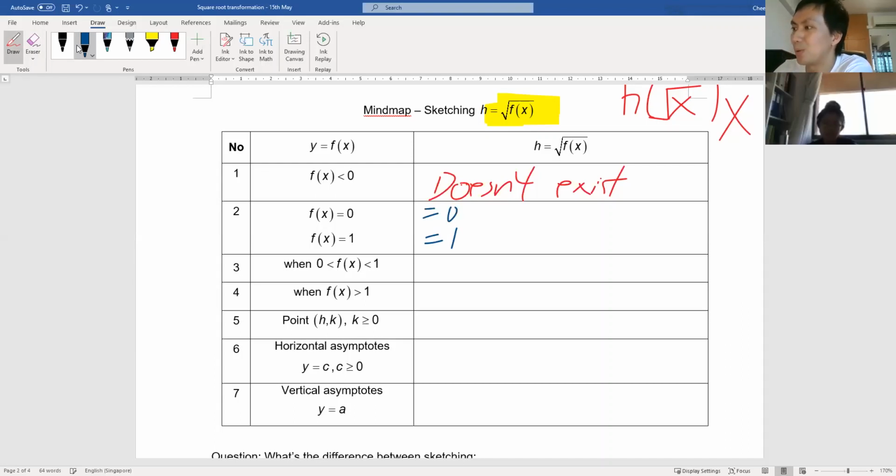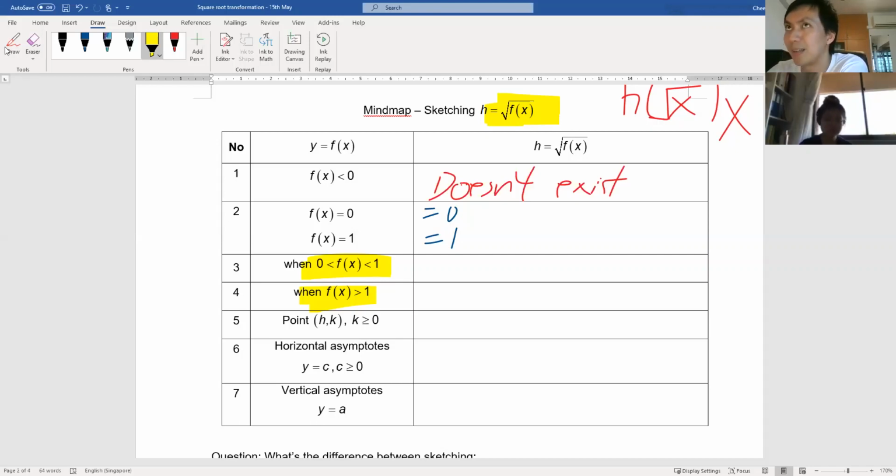What if f(x) is between 0 and 1? And when f(x) is greater than 1, to be precise? For the first one, it's a larger value, and for the second one it's a smaller value. You can actually add more.